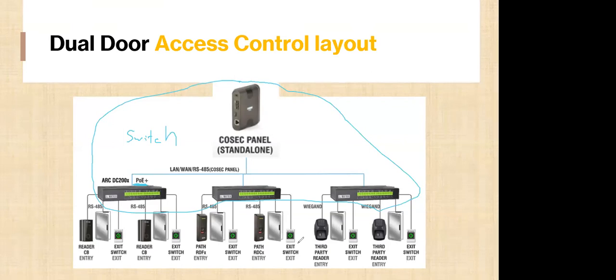If you want to supply a battery backup, we have two options. If you use an external UPS, we can provide it to a switch. So all devices will be connected over a PoE, and from there the power will be distributed. If we are not using a normal switch and want to supply a battery backup to individual devices, we can give an individual power supply or a battery backup to each of these ARC controllers, the DC200.